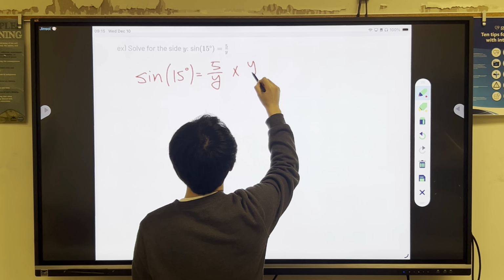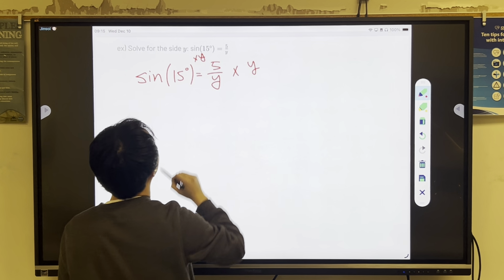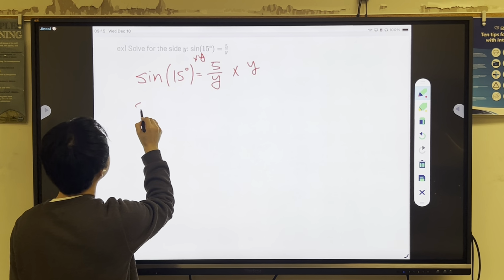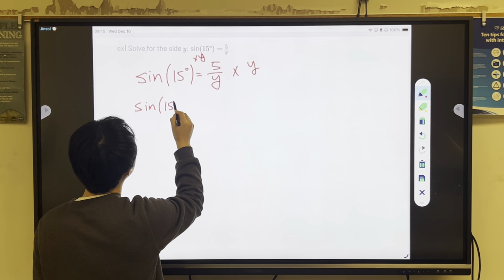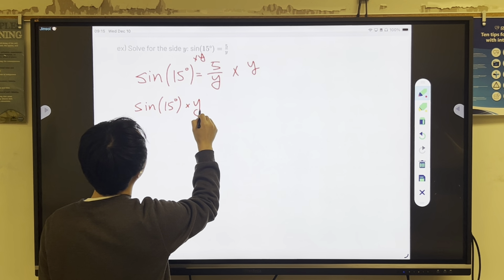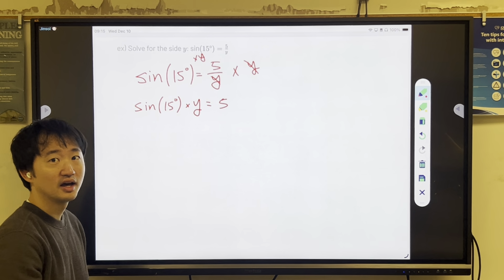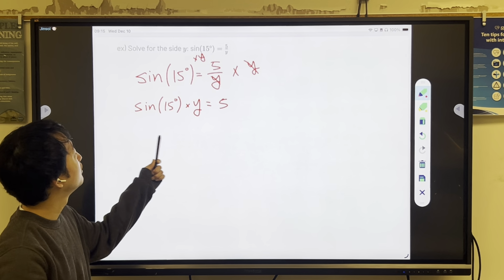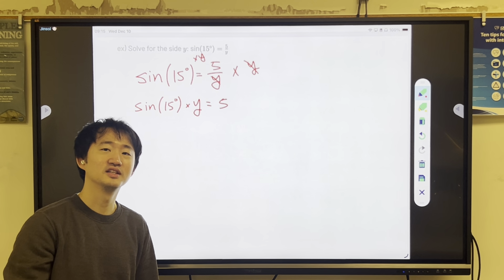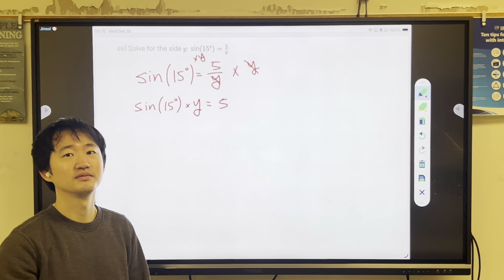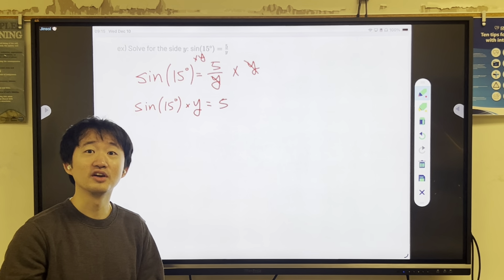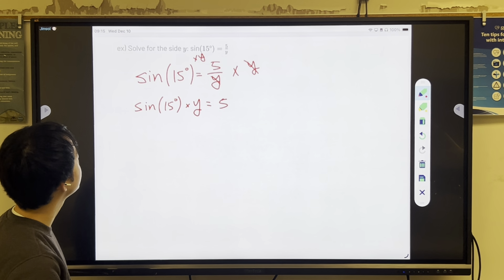When I do that, I'm going to have sine of 15 degrees times y is equal to 5, because y will cancel out. At this point, my variable is not in the denominator anymore. It's just a linear equation.